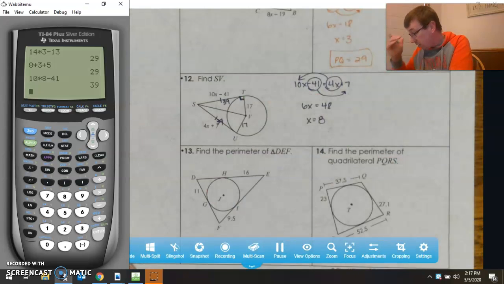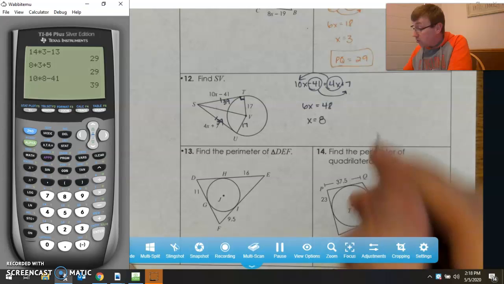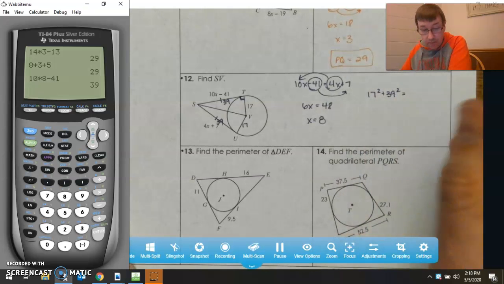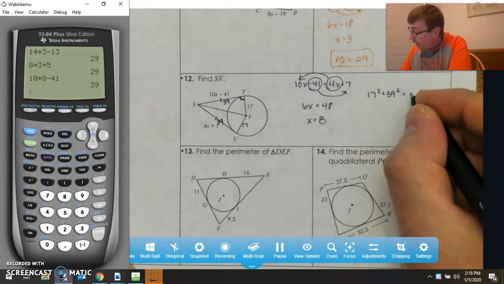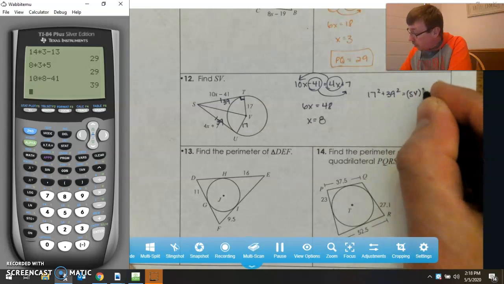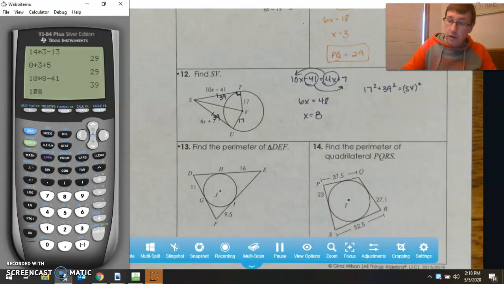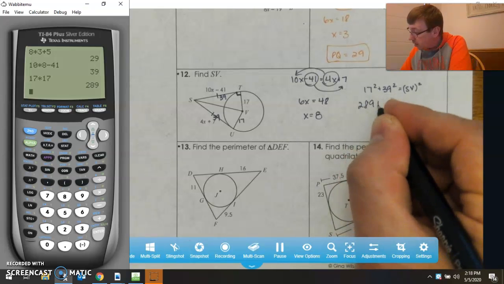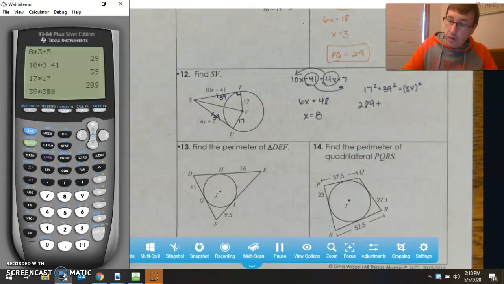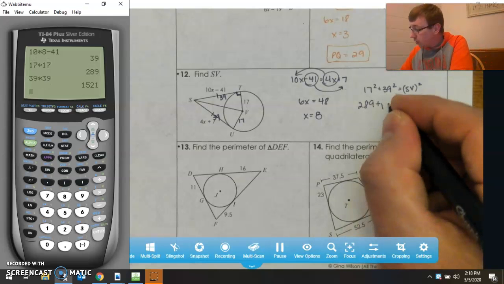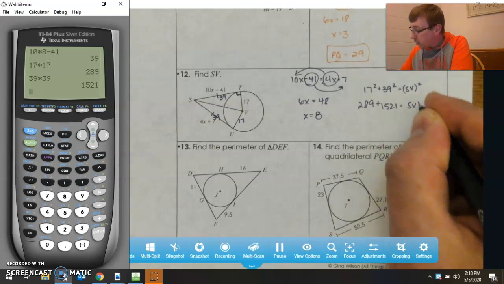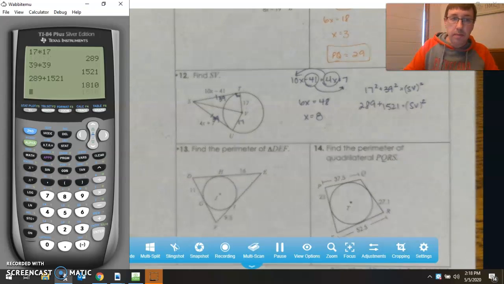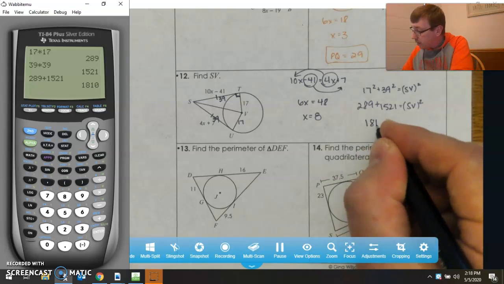I know that this is perpendicular, so 17 squared plus 39 squared will equal SV squared. 17 squared is 289. 39 squared is 1521. 289 plus 1521 is 1810.